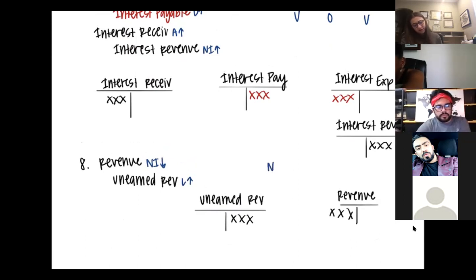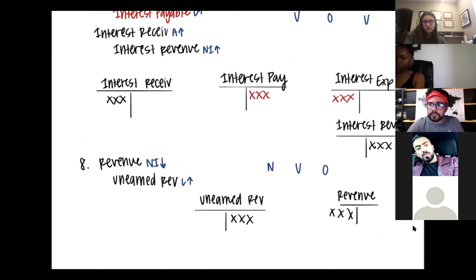In terms of liability, it was understated because you haven't increased your liability yet. And in terms of net income, it's overstated because they haven't debited their revenue yet. Does that make sense? Does everyone understand the journal entry for this?